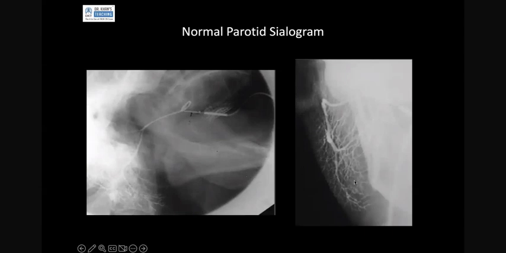Now, these are the ducts. These are the intraparenchymal ducts, and basically in sialectasis, because surrounding architecture is destroyed, these ducts dilate. And this is known as sialectasis.